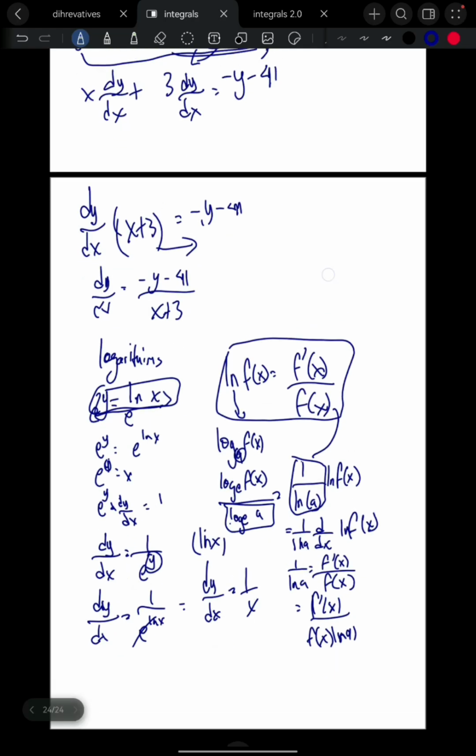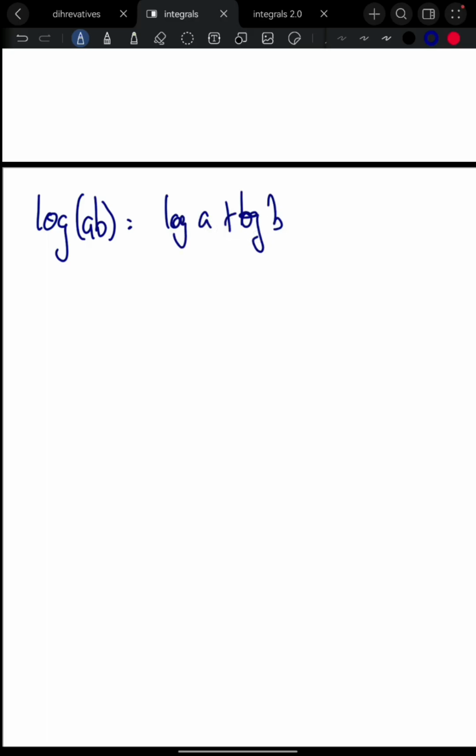But the reason we take logarithm, like, another log rule: log of a times b is just log a plus log b. Log of a divided by b is just log a minus log b, right?